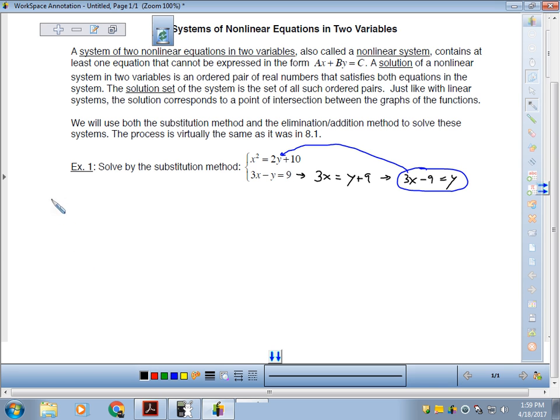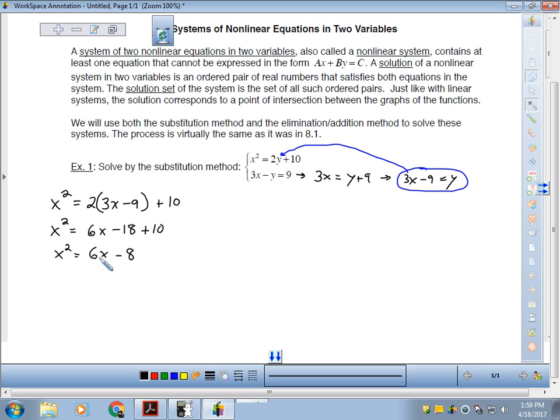So x squared equals 2, and then instead of y, I'm going to write 3x minus 9, and then plus 10. Distribute the 2 into the parentheses, so we end up with x squared equals 6x minus 18 plus 10. Combine like terms, so we have x squared equals 6x minus 8.